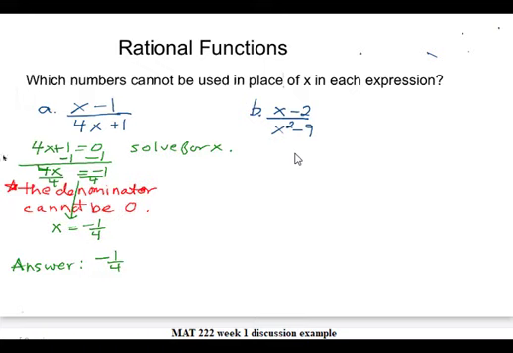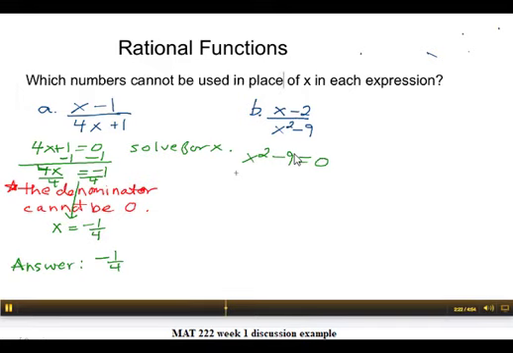Alright, now let's look and see what happens when we have a different type of expression. For expression B, which numbers cannot be used in place of x? So again, the denominator cannot be 0. So we take the denominator, x squared minus 9, and we set that equal to 0.